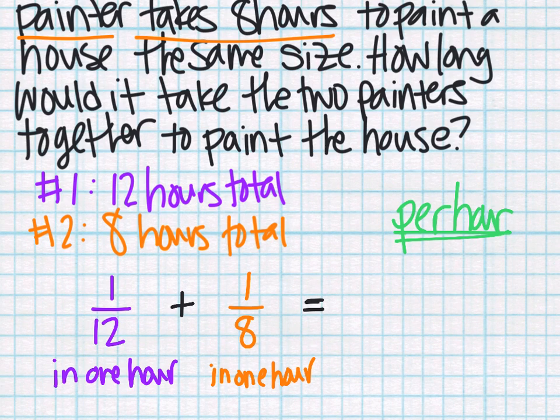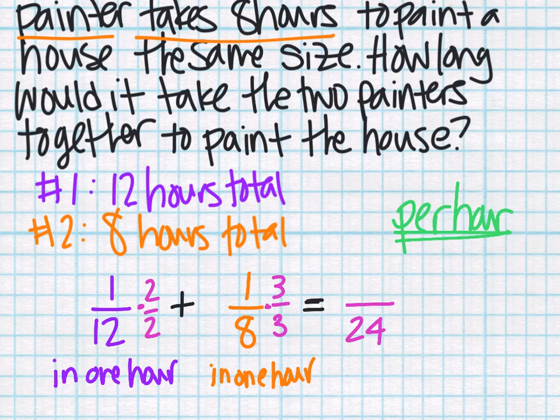To do this, I need to make my fractions have common denominators. So I'm going to change them both into a fraction with 24, because I know 12 times 2 is 24, and 8 times 3 is 24.